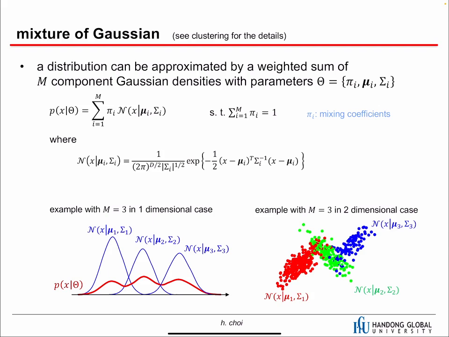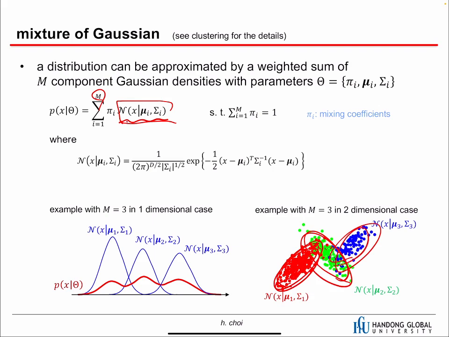In the mixture of Gaussians, we have many Gaussian distributions. In the parametric method, we have just one. In the non-parametric method, we have n Gaussian kernels. And now we have m Gaussian distributions, and each one corresponds to one cluster. So we have one Gaussian here, another Gaussian here, and another Gaussian here.